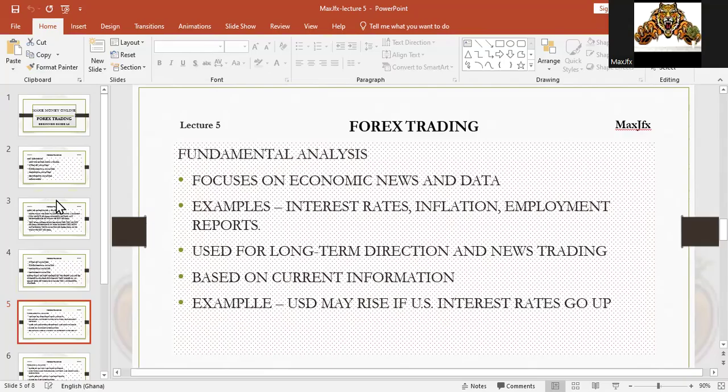They cause a lot of imbalances in the forex market. So if you want to be very good in fundamental analysis, you have to be very good at news listening. You have to follow all the news going on in the market closely, especially when there are data releases on interest rates, inflation, and employment reports, and also the GDP and all that. There are more examples to that.